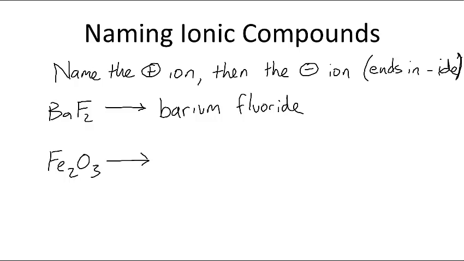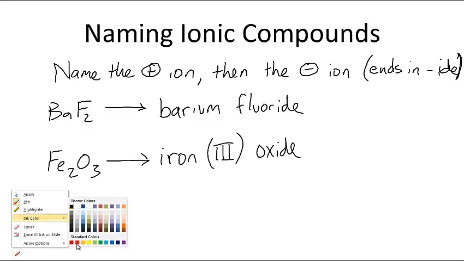We need to say what the charge on iron is. So this would be iron, not ion, but iron, 3 oxide. So for transition metals, we need a Roman numeral to say what the charge is.